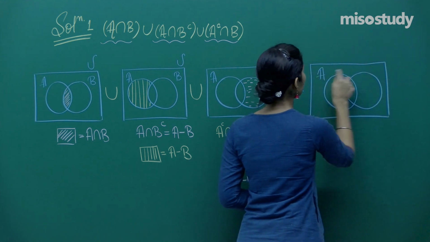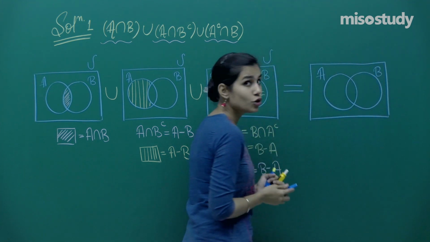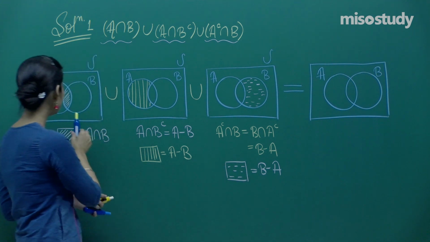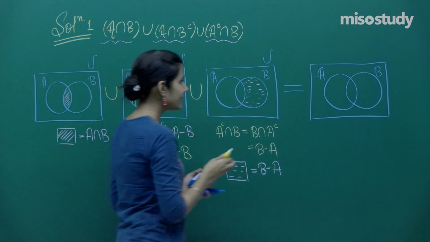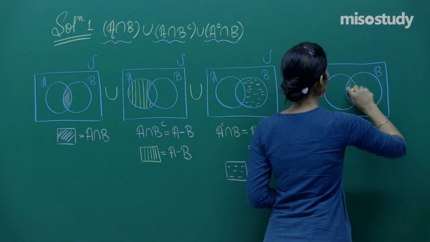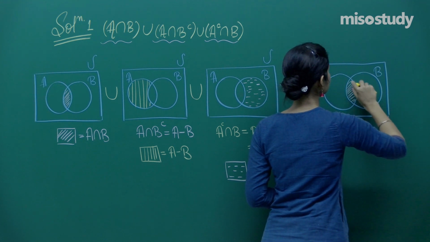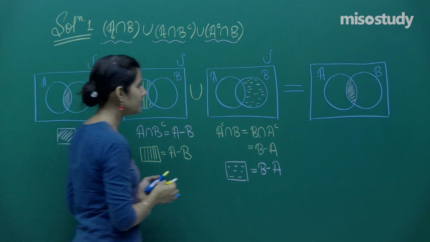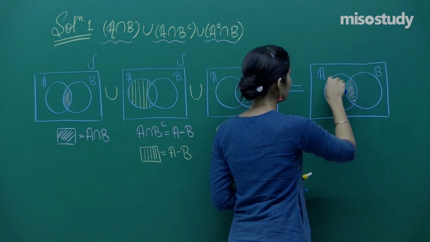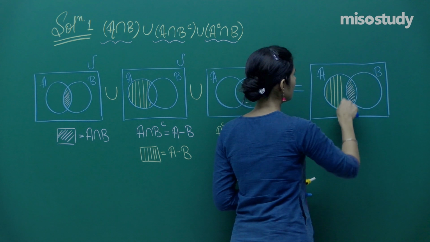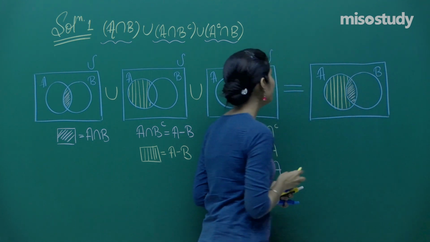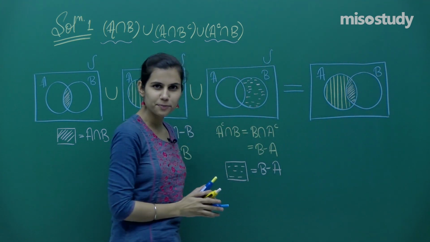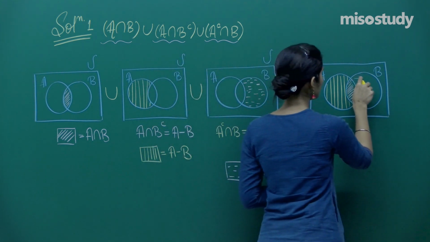The Venn diagram that we obtain should have the intersection portion. That means this should be present. The next says this yellow shaded portion should be present. And the third one says this white shaded portion should be present.